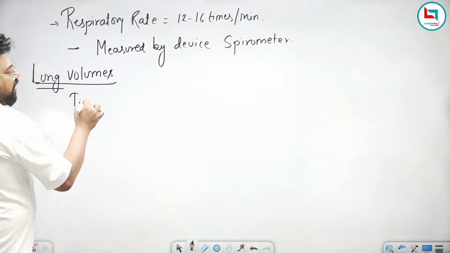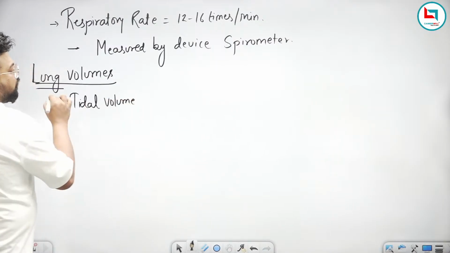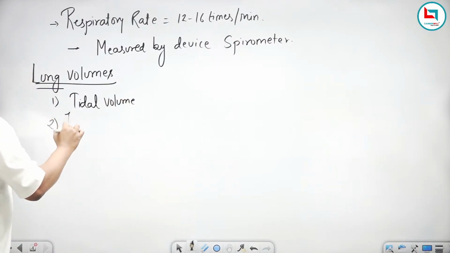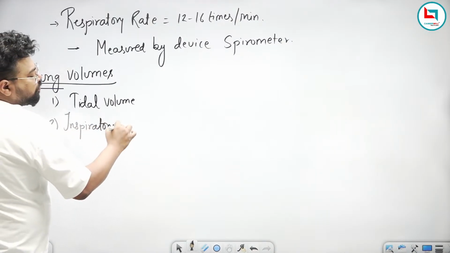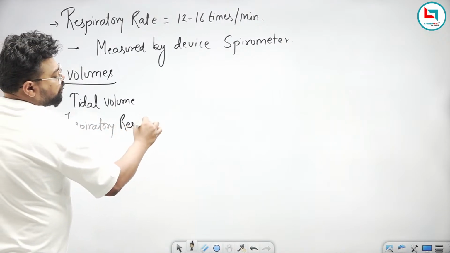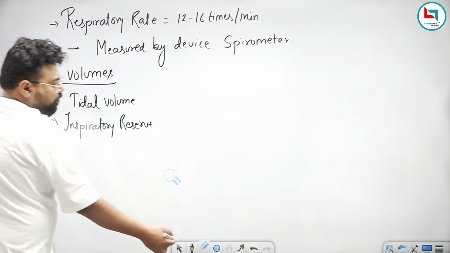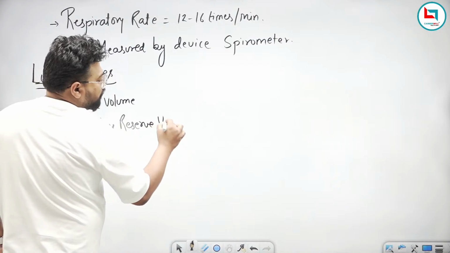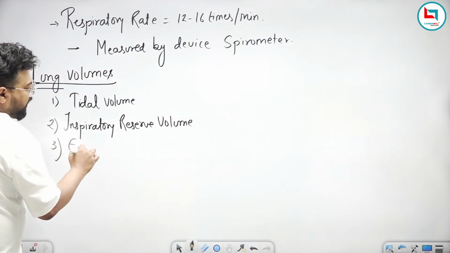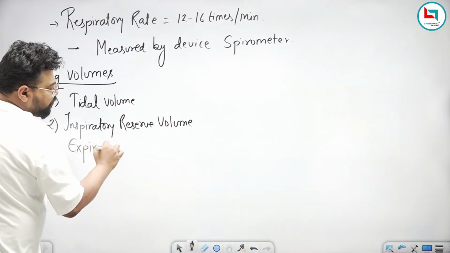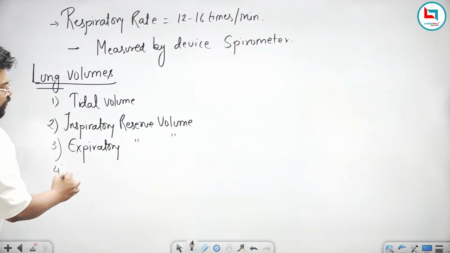First of all, we have four different types of volume: tidal volume, inspiratory reserve volume, expiratory reserve volume, and residual volume.